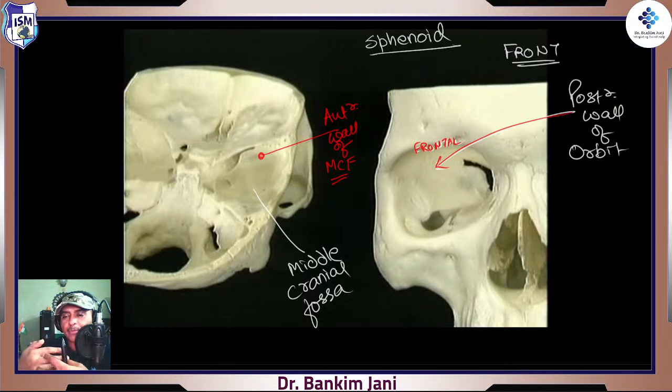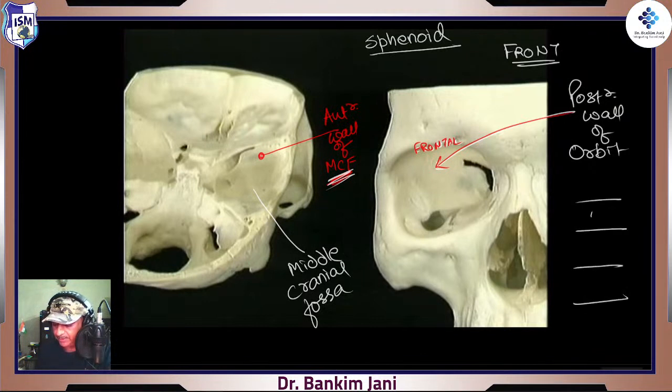So if the eyeball is here, this wall, which is the anterior wall of middle cranial fossa, will be forming the posterior wall of orbit. To make it still better, here anterior, middle, posterior cranial fossa. Eyeball is here. At least let me draw it circular.